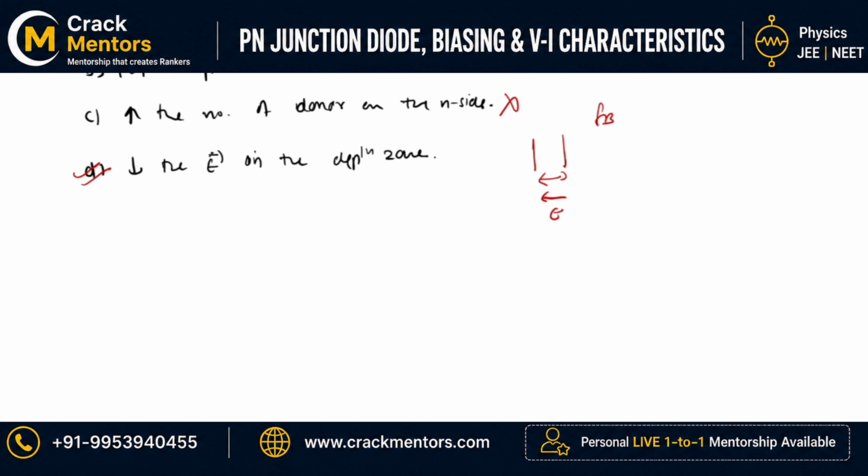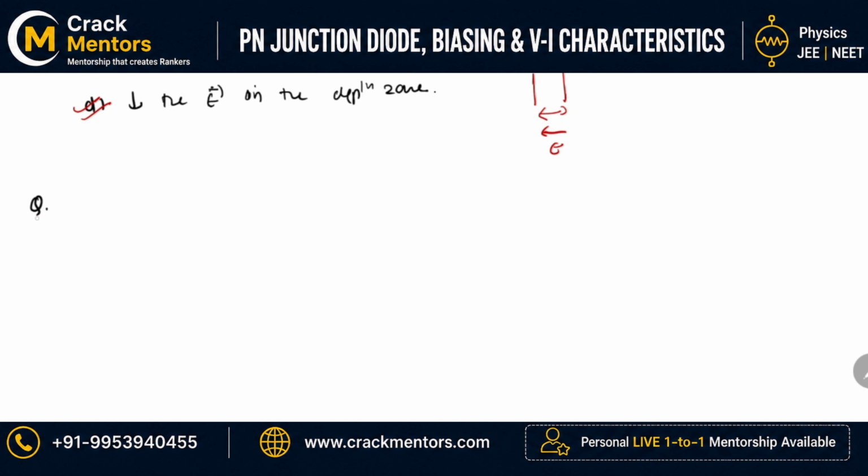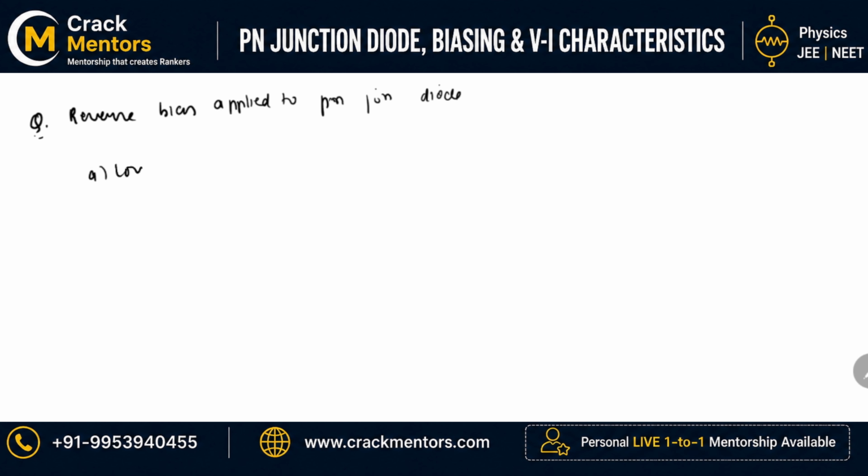Well, let us take the next one. The question says: reverse bias applied to a PN junction diode. What is the characteristic of this? Option A, lowers the potential barrier.